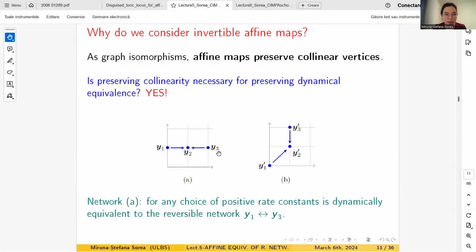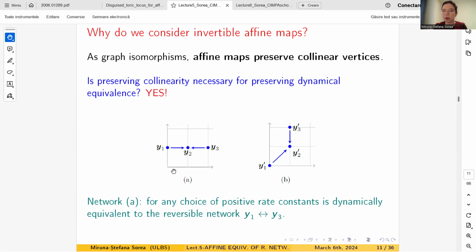In this example, we have the network on the left-hand side, A, and if you play a bit with the ODE system, if you change the rates, you can see that you can make the reactions longer, the vertices, the vectors, and you can actually rewrite the ODE such that the network on the left-hand side is reversible.